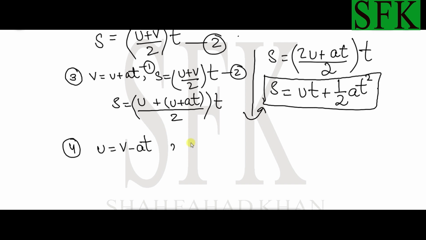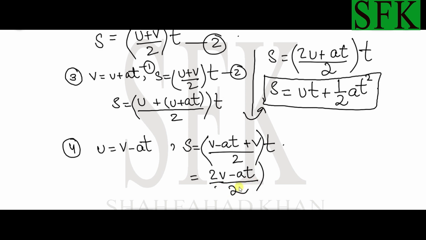So it becomes s is equal to v minus at plus v, the whole thing multiplied by t. On simplification, v plus v becomes 2v minus at, the whole thing divided by 2 multiplied by t equals s.